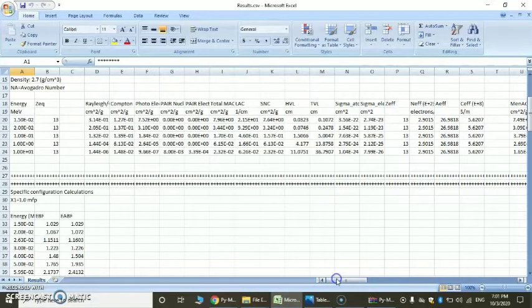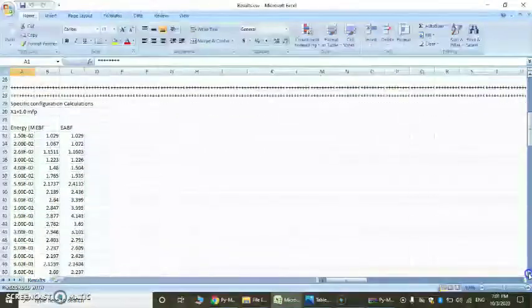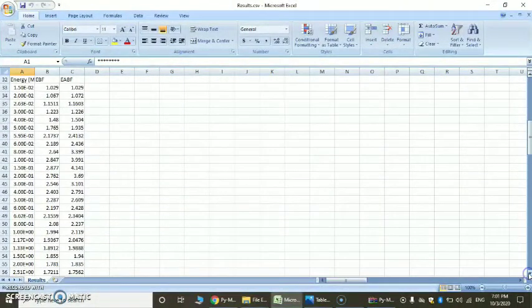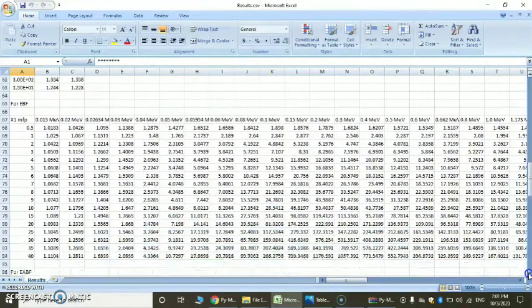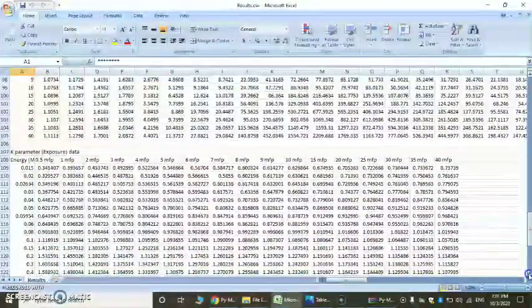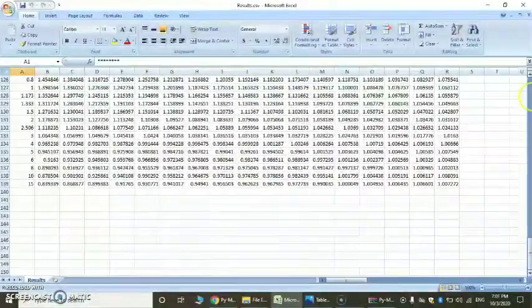So you can check the results and analyze that. These are the energy range and energy buildup factor. K parameters and all for all the energy range.